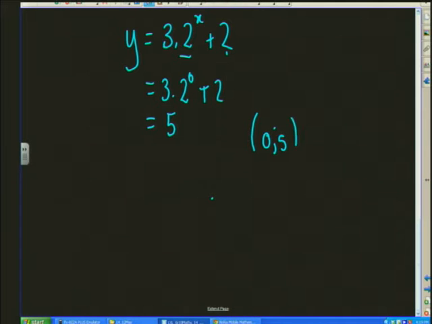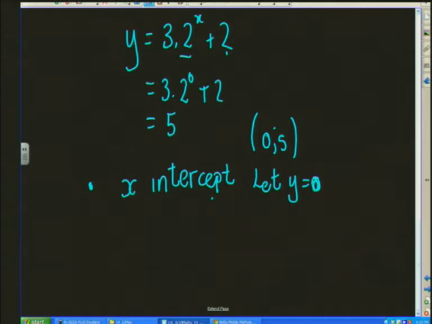All right. Now many of you have already done exponential graphs, so you know that there's no point in going on to find the x-intercept, but I'm going to show you anyway. To find the x-intercept, we let y equal naught. You should know that for this specific graph it does not exist, but let's go through it. So we get naught is equal to 3 times 2 to the power of x plus 2.